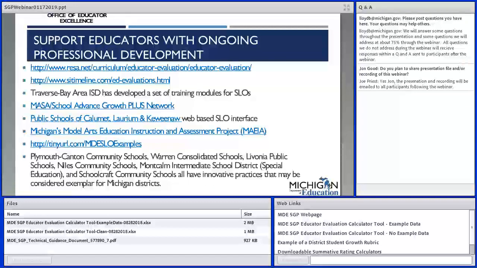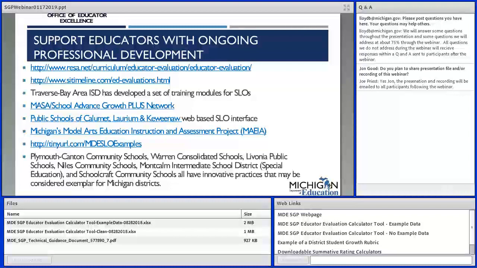Lastly, I always like, with all speaking opportunities, to promote the excellent work that's being done across the state. Wayne Reese has developed an excellent set of modules on measurement of student growth. SItimeline.com has some excellent guidance for measuring student growth within educator evaluations. Traverse Bay Area ISD has developed some great trainings for SLOs. Mesa has done some great work with their Student Growth Plus network.